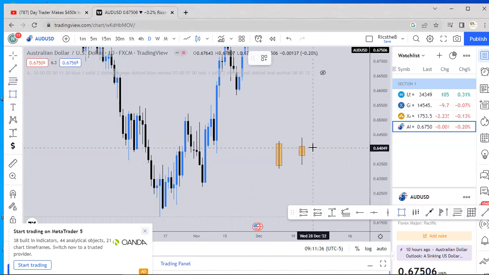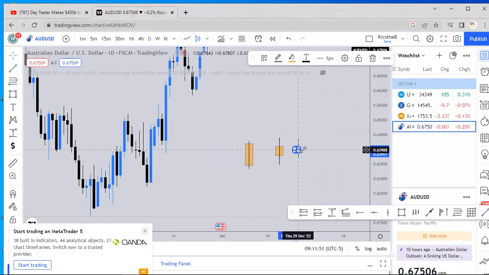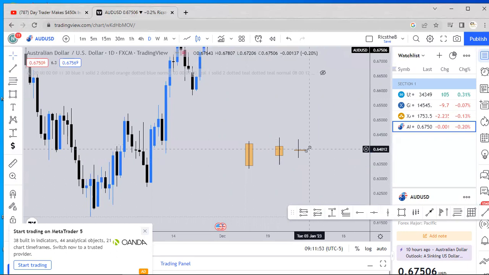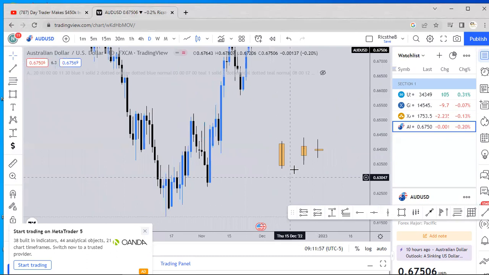Then we have candles that look a lot like this. And all these candles have a message. And what's the message in all these candles? This first candle shows us good volume in the market.